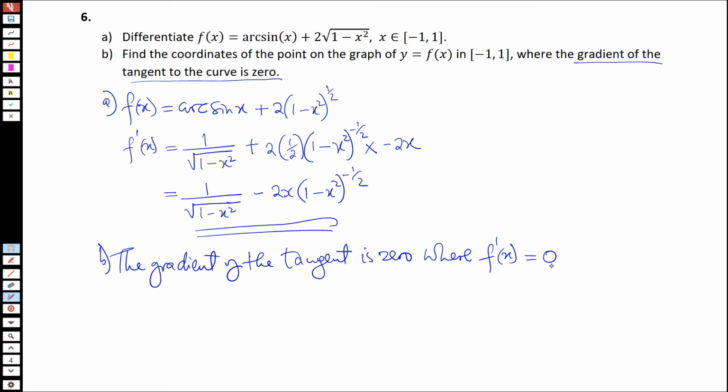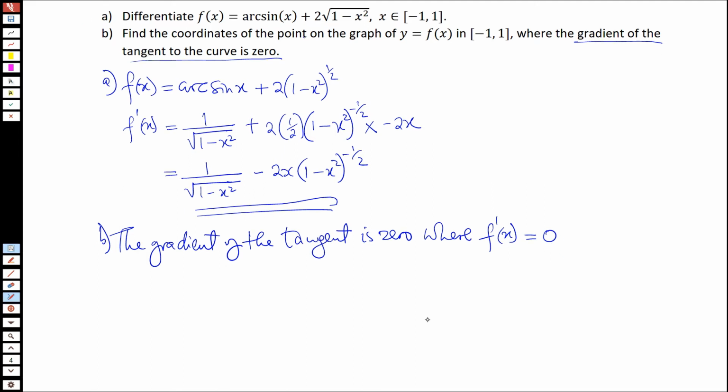So that implies that we have to equate our gradient function to 0, and our gradient function is 1 over square root of 1 minus x squared minus, and this can be written as 2x over square root of 1 minus x squared. Using laws of indices, you bring this below, and you'll have 2 minus 2x over 1 minus x squared to power half, which is the square root. And this should be equal to 0.